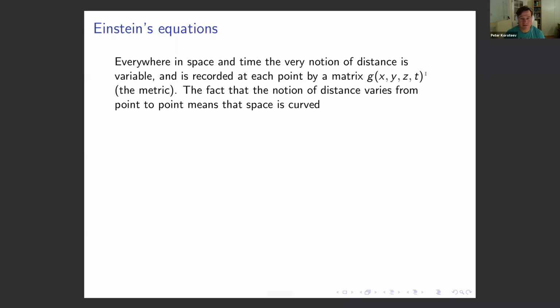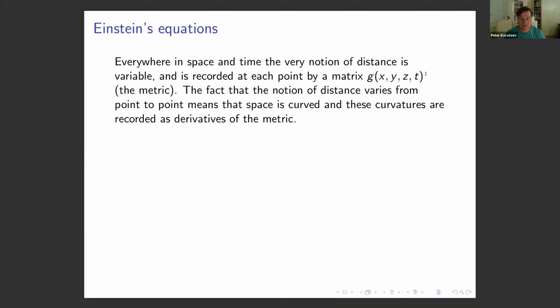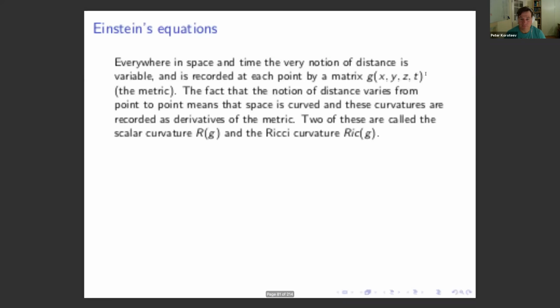Now, the fact that this notion of a distance, which we calculate using the metric, varies depending on where we look says that this space-time is curved. And the curvatures are recorded as derivatives of the metric with respect to coordinates and with respect to time.